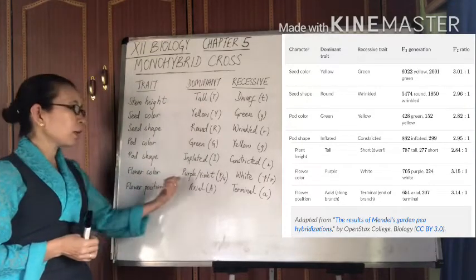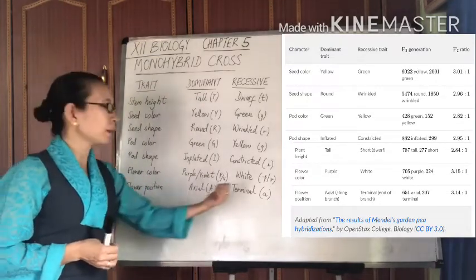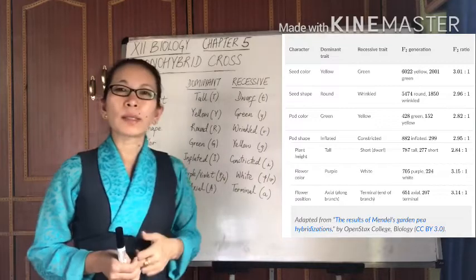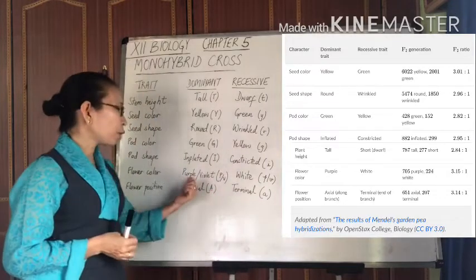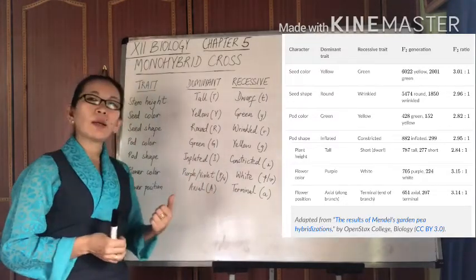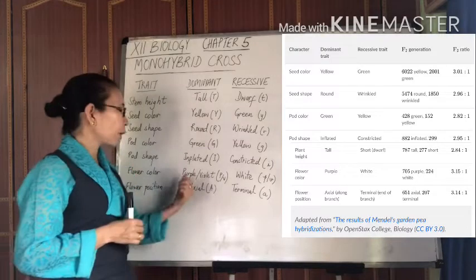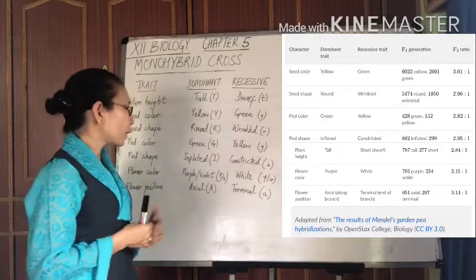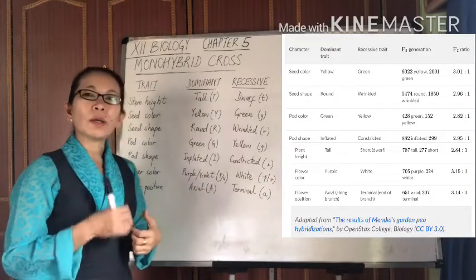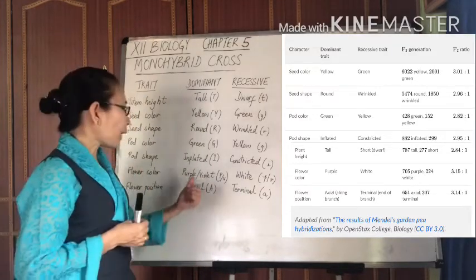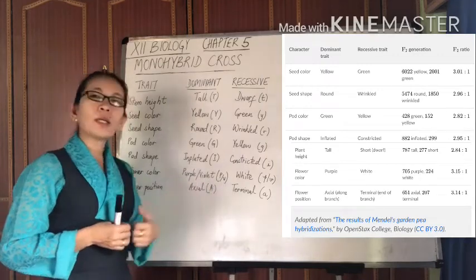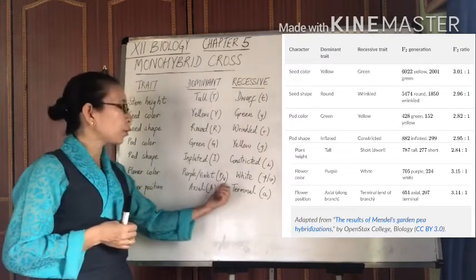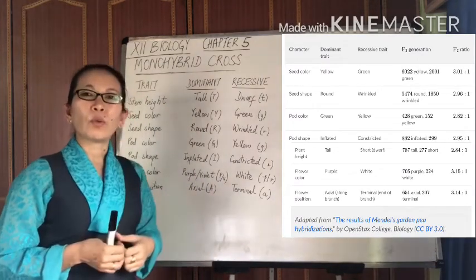In flower color, purple or violet color is dominant over white color. So if you're going to be referring to the flower color as purple, then we are going to be using capital P, or sometimes we even have the usage of violet for the dominant color. And if you're referring to violet as the dominant color, then we are going to be using capital V for violet.